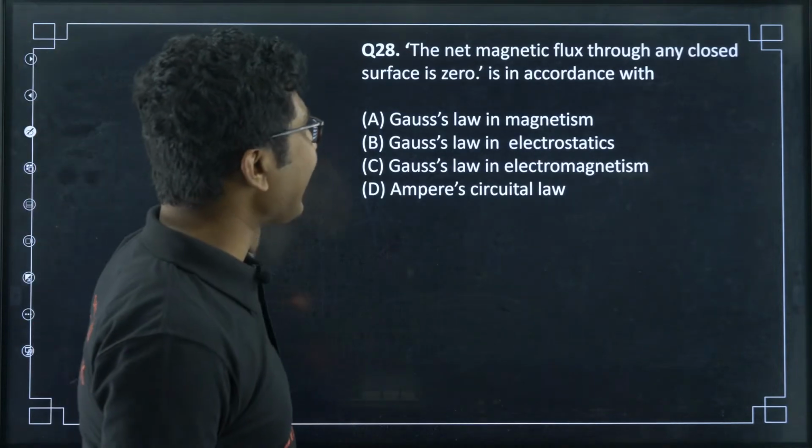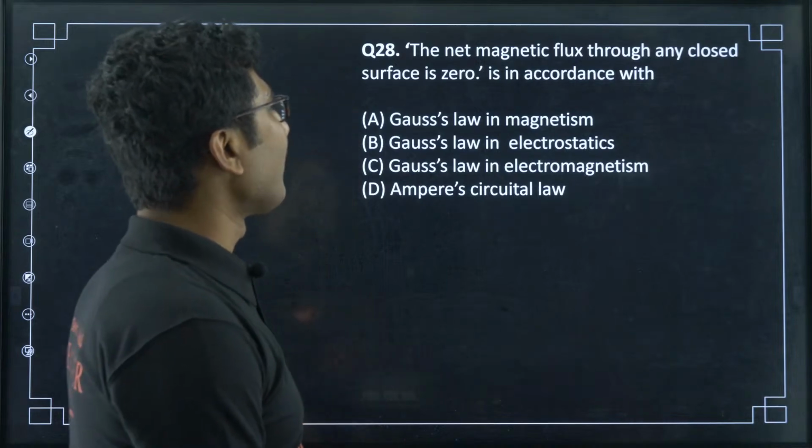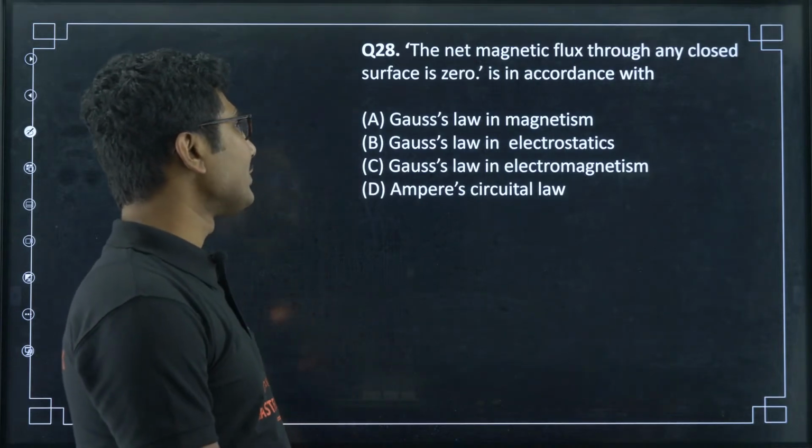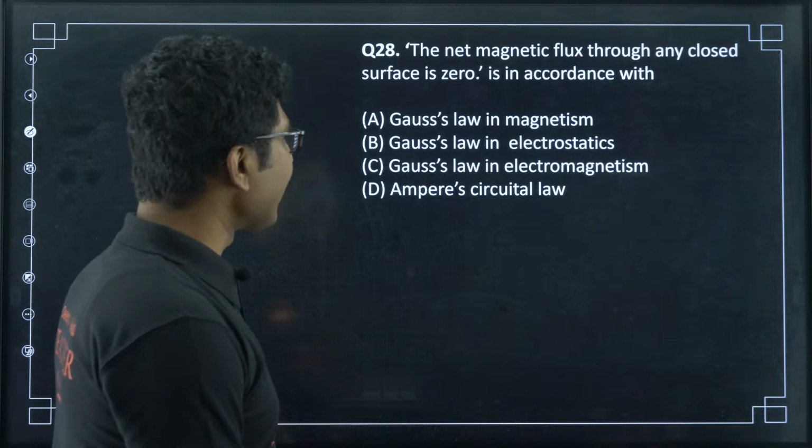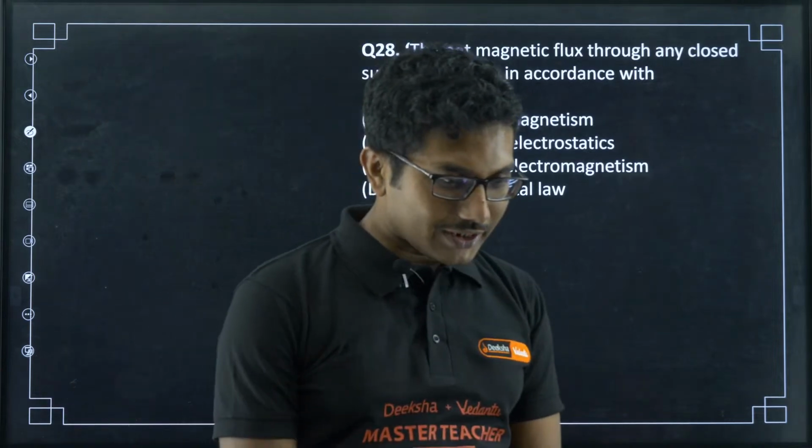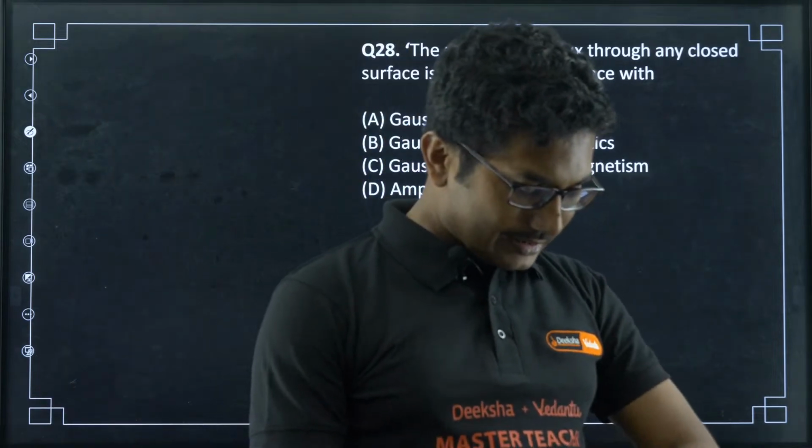Now question number 28. The net magnetic flux through any closed surface is 0, in accordance with... Another easy question, I will just wait 10 seconds.